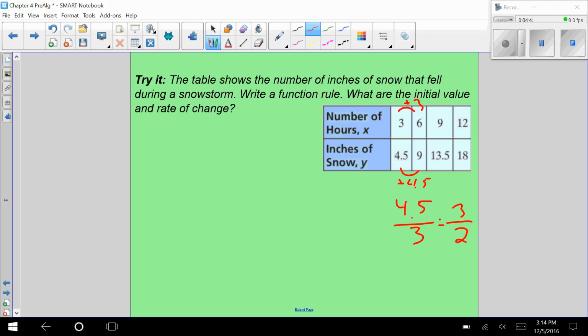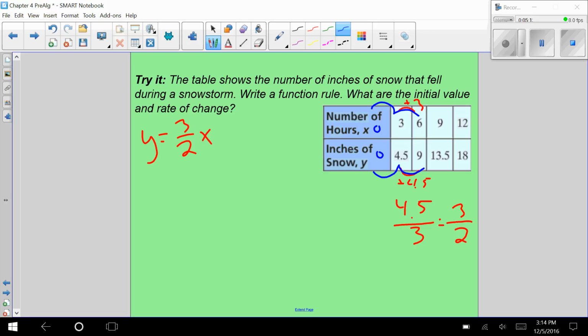So now we have to figure out what our initial value would be. Because I know this is going to be y equals 3 over 2x plus something. Well, let's think about it this way. If for every plus 3, I go plus 4.5, if I do a minus 3 to get to 0, I would do a minus 4.5 and end up at 0. So we don't have to write a plus 0 on the end.